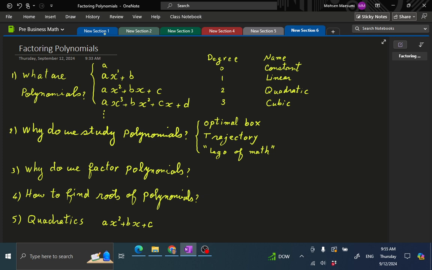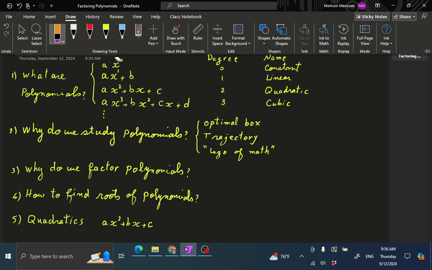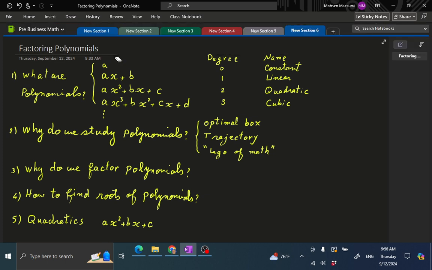Degree 0, you don't see 0, but if you insist, you can write x to the power of 0. Remember x to the power of 0 is 1. So we typically don't write these things because it just creates clutter without any use. And that's how we write them.